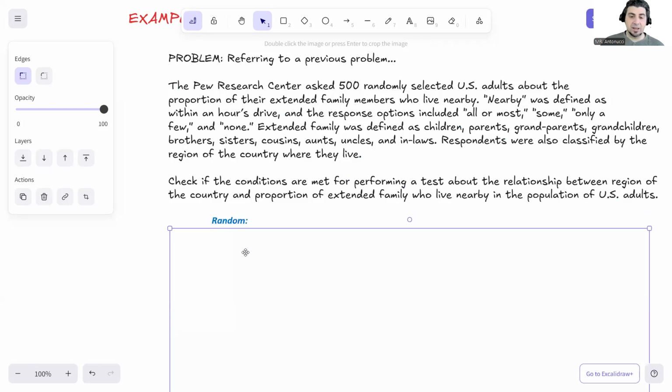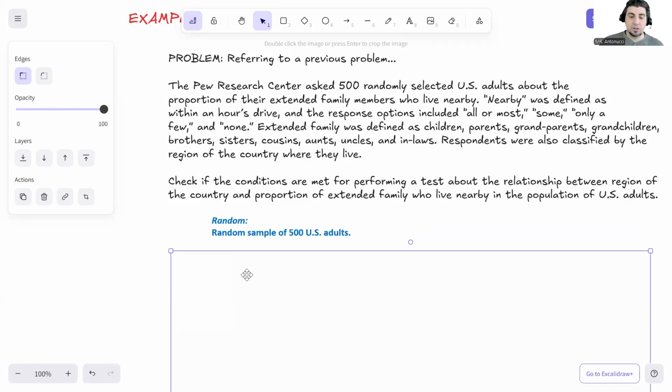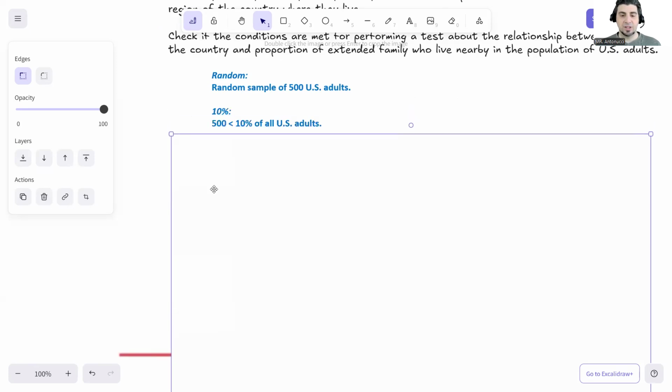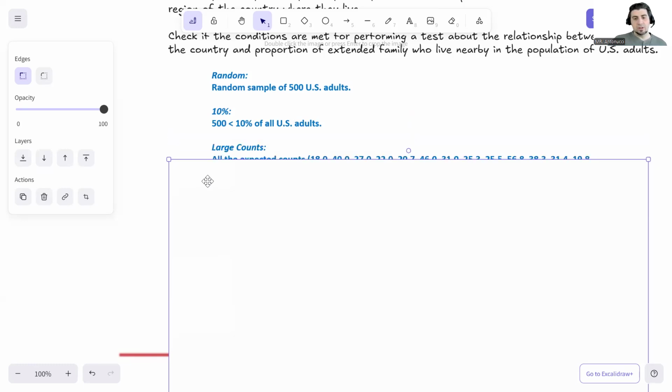So we want to check the random condition, just a random sample of 500 US adults. That's sufficient. But you don't say random and then put a check mark. You have to have at least a sentence there explaining that the sample was a random sample. 10%. Well, it makes sense that 500 is less than 10% of all US adults.